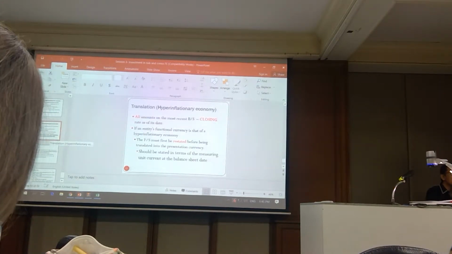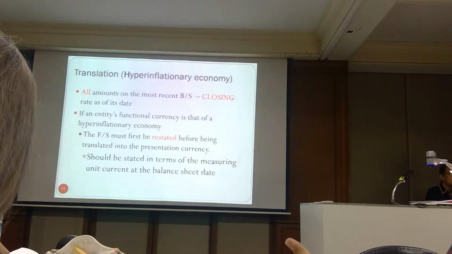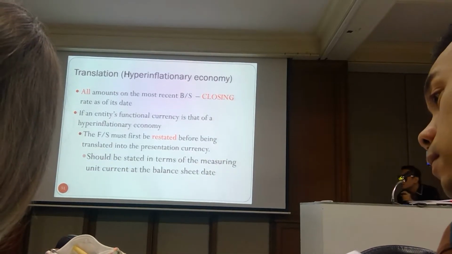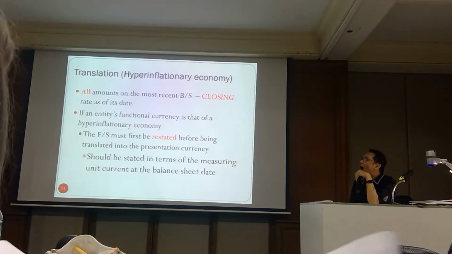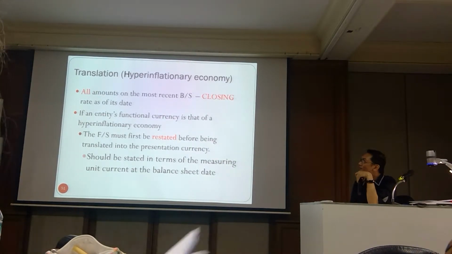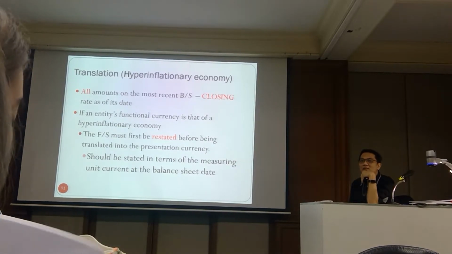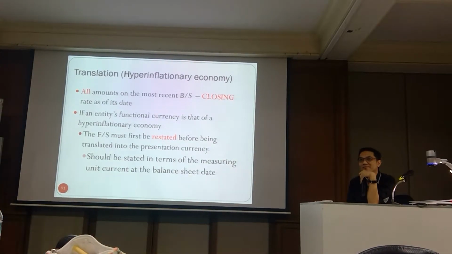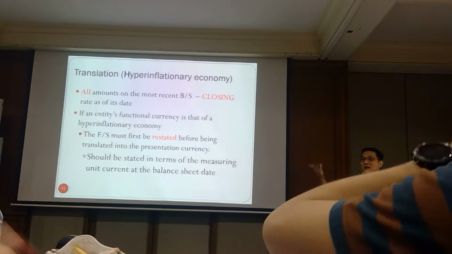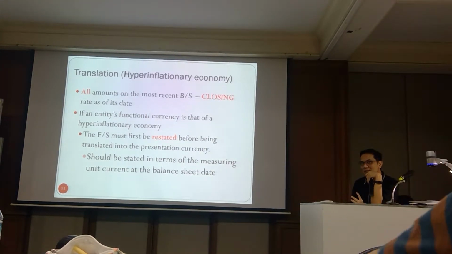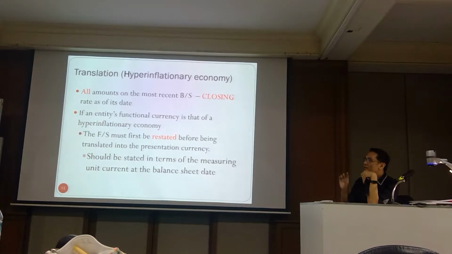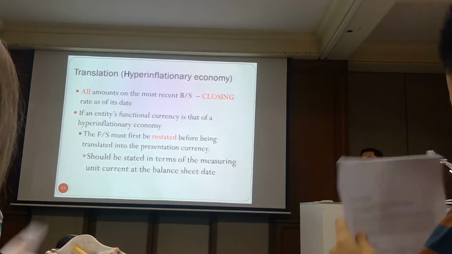Some companies are unlucky. They go to a country with what we call hyperinflationary economies. Let's suppose you go to Zimbabwe. High inflation. Before you translate gain or loss, you need to adjust the functional currency first.